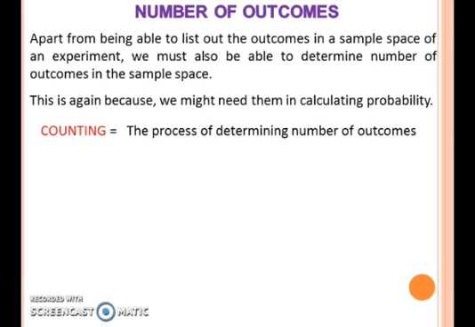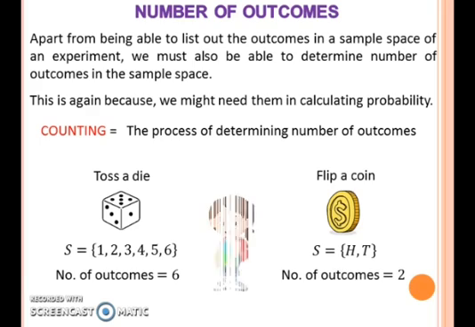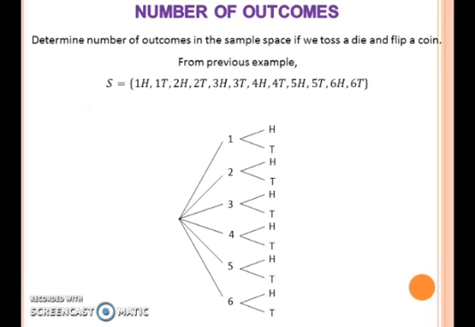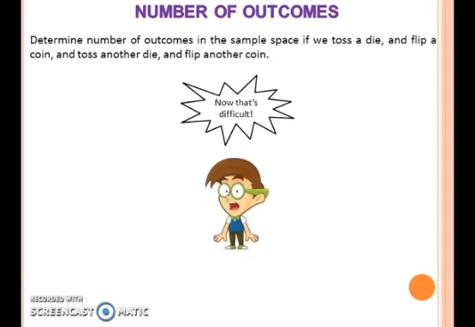Again, for simple experiments like tossing a die or flipping a coin, number of outcomes is easy to determine. Even number of outcomes obtained from a tree diagram is easy to determine. But for a more complicated experiment, determining number of outcomes in a sample space can be difficult.